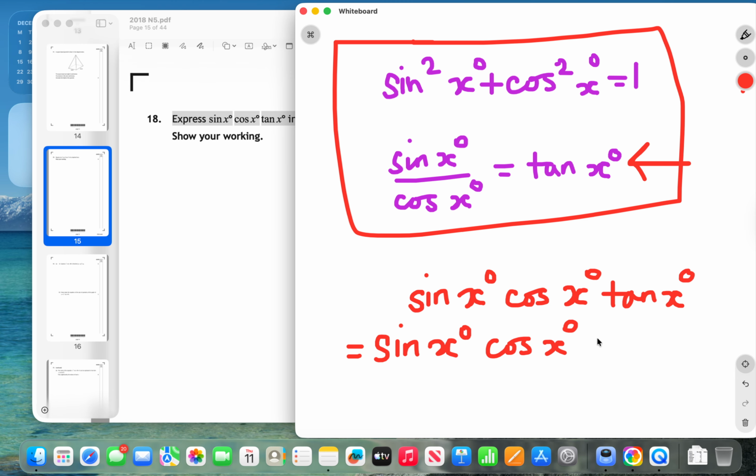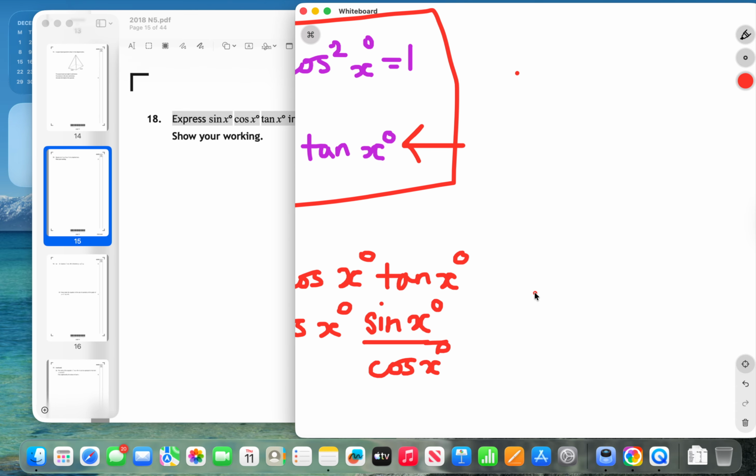And you always want to make clear in the question which identity you are using. That's what you definitely want to do. So write a note at the side that will say which identity you used. So we can write here, used tan x equals sin x over cos x.